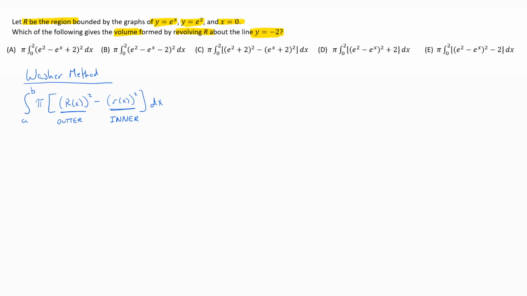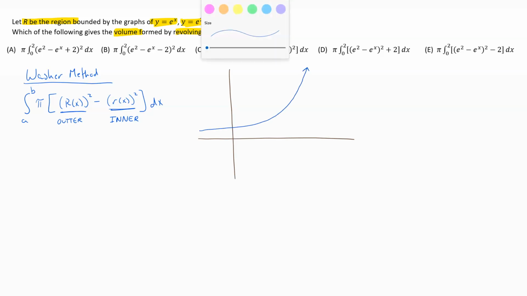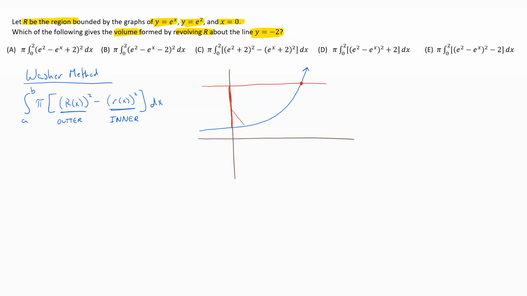If I sketch out my regions now, I've got e to the x coming through doing something like this, and then e squared cutting across. That x equals 0, like I said, is what's closing off this region for us. So the region we're looking to rotate is that region right there.